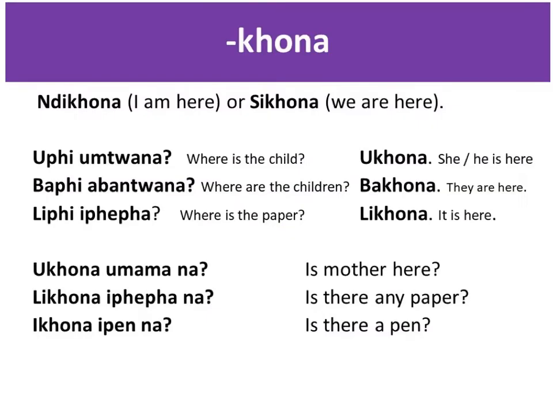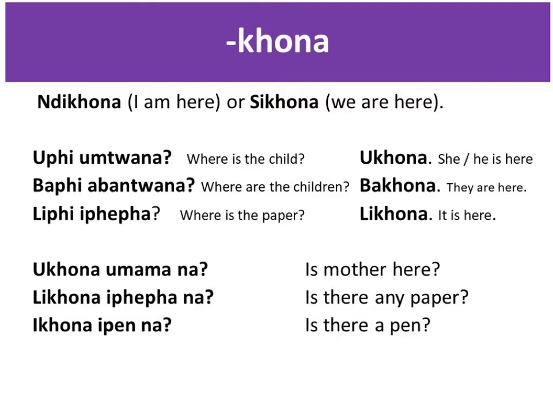So khona, the verb that means it is here or present, we've already come across in our greetings when we say ndikhona or sikhona, which literally means I'm here or we are here, and is a way of saying I am well. But ukhona is quite often used as an answer to the question where something is. Somebody might say upi umtwana, where is the child? And you could say ukhona, she or he is here.